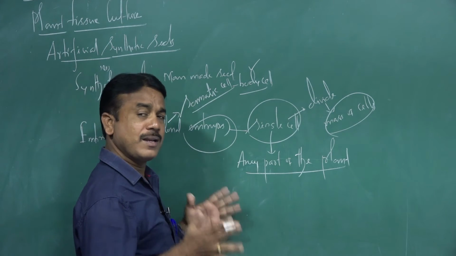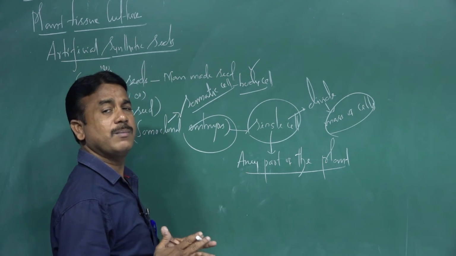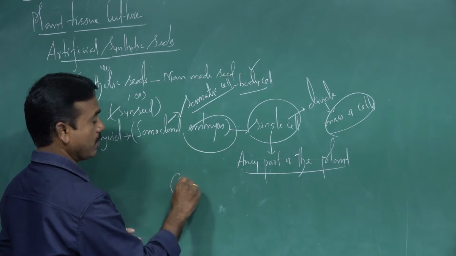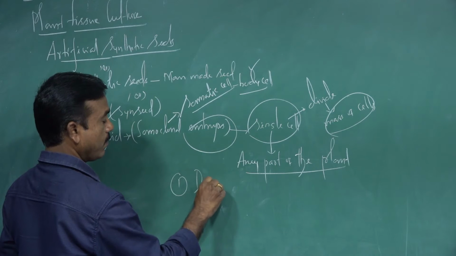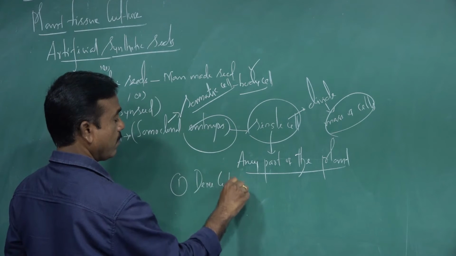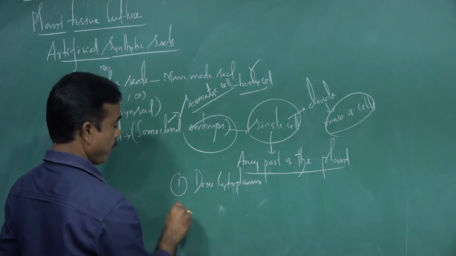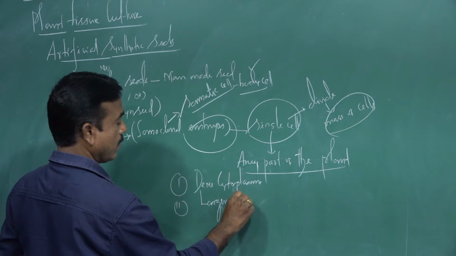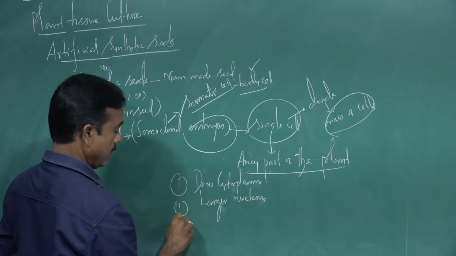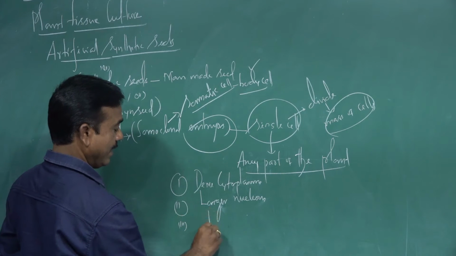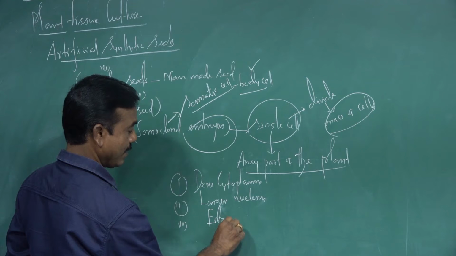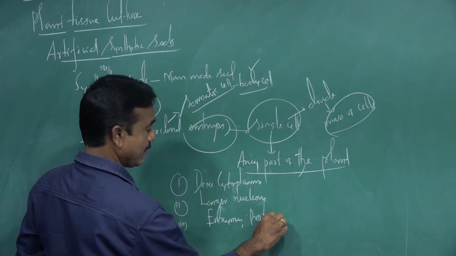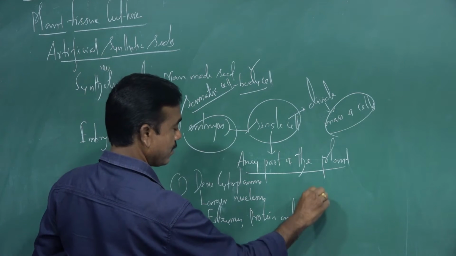In each cell or each mass of cells, what components are present? It contains dense cytoplasm, a larger nucleus, then enzymes, proteins, and oils.